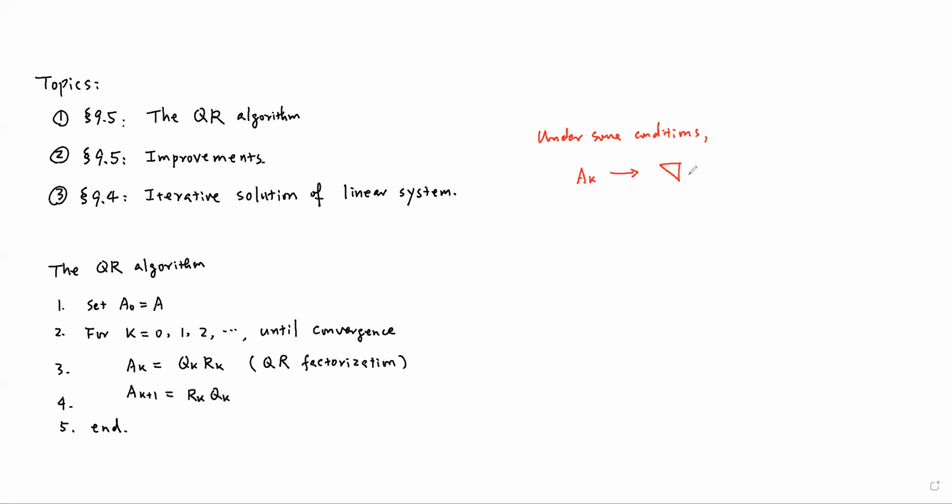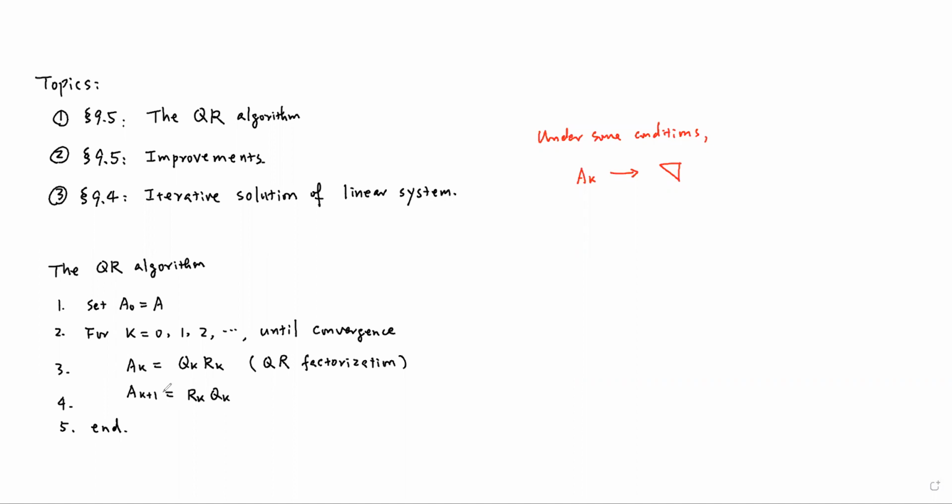The eigenvalues of an upper triangular matrix are just the entries along the main diagonal. So we can read the eigenvalues of the original matrix from the main diagonal of this upper triangular matrix. It is easy to see that all the iterates A_k and A_{k+1} have exactly the same eigenvalues because A_k and A_{k+1} are similar matrices.